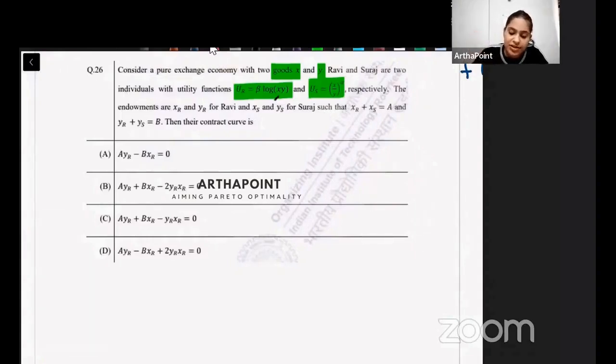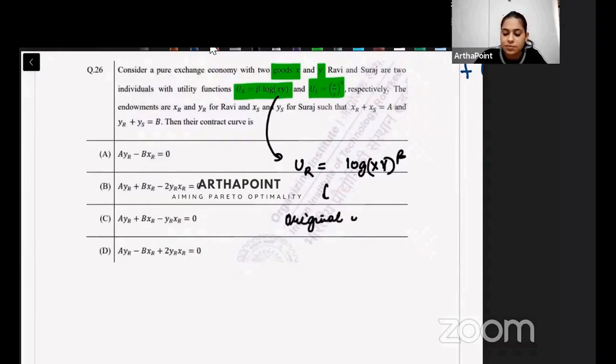मतलब अगर मैं इसको rewrite करूं, तो I can rewrite this as UR is equal to log xy to the power beta. मतलब मेरा original utility function can also be x to the power beta, y to the power beta.